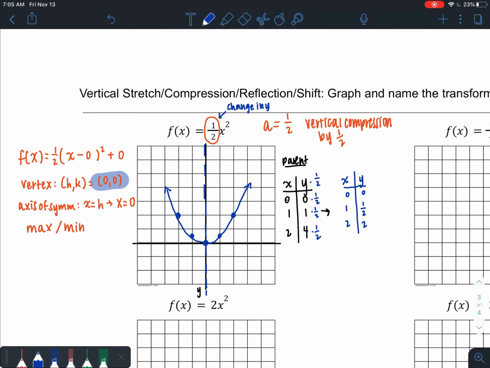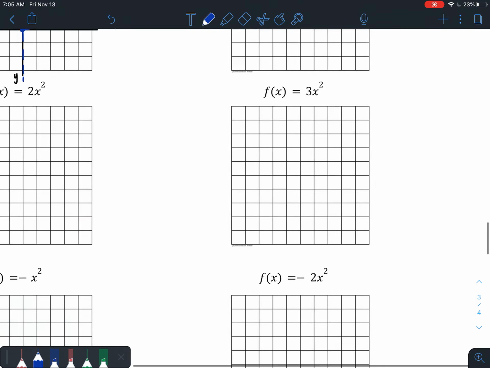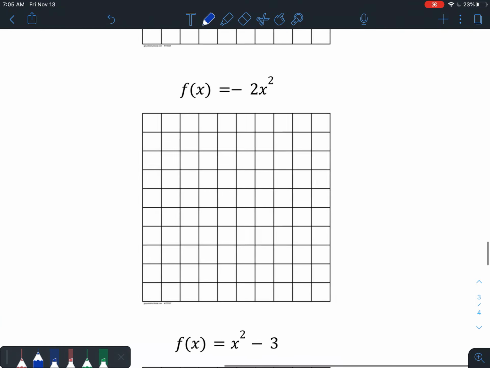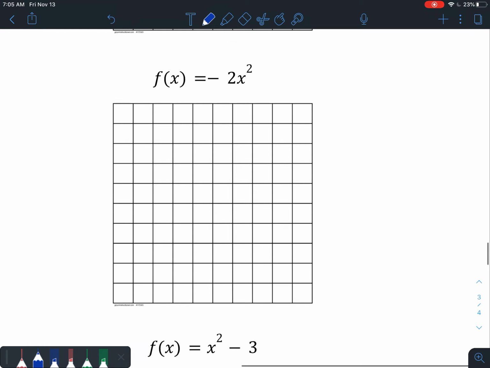Let's do another one. Let's do this one down here, negative 2x squared. This negative here is going to cause a reflection over the x-axis, and this 2 is going to stretch it by 2, like Laffy Taffy.